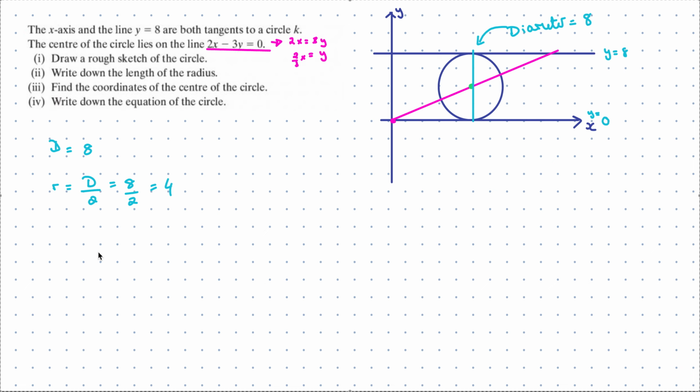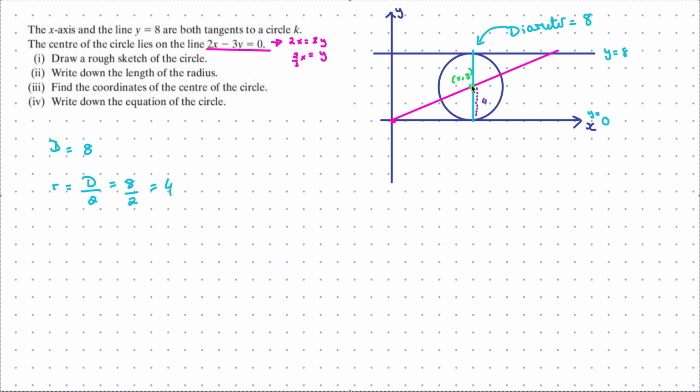It then says find the coordinates of the center of the circle. So to find the coordinates of the center of the circle, I will need to have two pieces of information, because I've got to find two things. So I'll need the x and y coordinate. You could call it h, k if you want. You can call it minus g, minus f if you want. Right now, let me just call it x, y. And what I actually do know straight away is, if the radius now is 4, then don't I actually know what that y coordinate is?